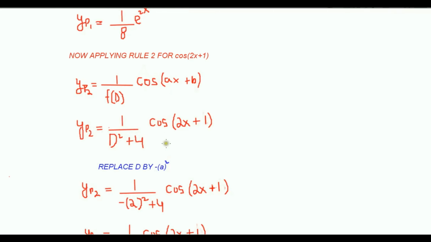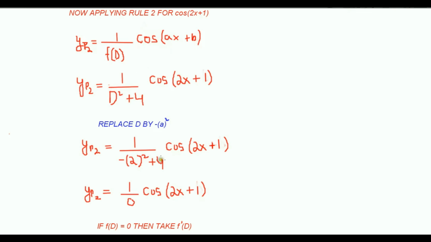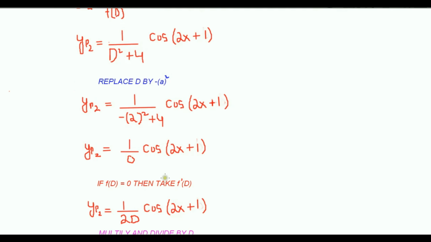In this situation I have to replace d squared by minus a squared. Let's replace it. So the particular integral is equal to 1 upon 0 cos 2x plus 1. Now my solution goes to infinity, so it is not possible.